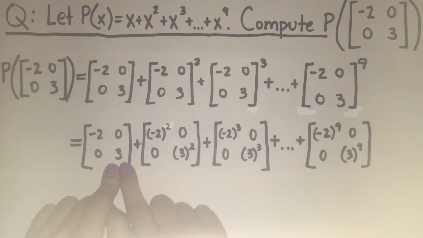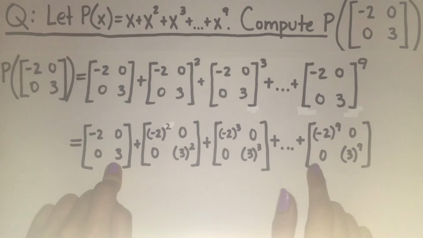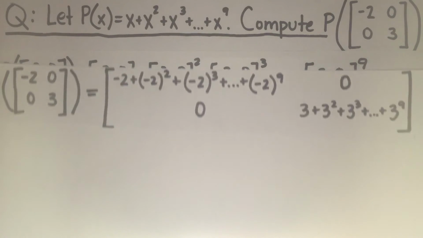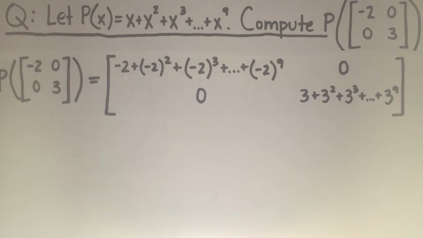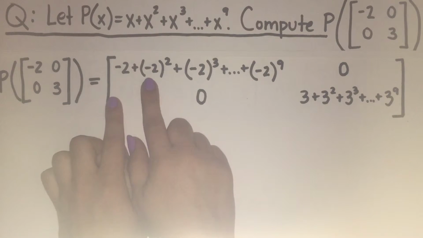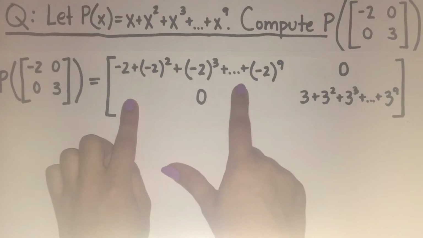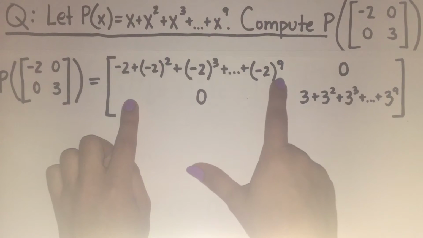And the second entry of the second row of the new matrix will equal 3 plus 3 to the second power plus 3 to the third power plus ... plus 3 to the ninth power. It will look like this. As you can see, the first entry is now composed of -2 plus -2 to the second power plus -2 to the third power plus ... plus -2 to the ninth power.